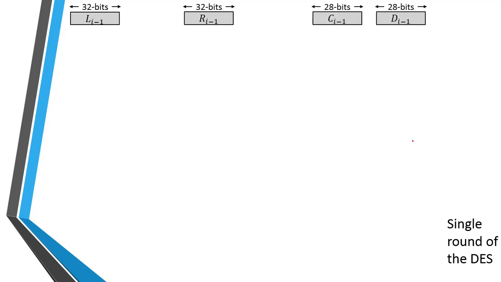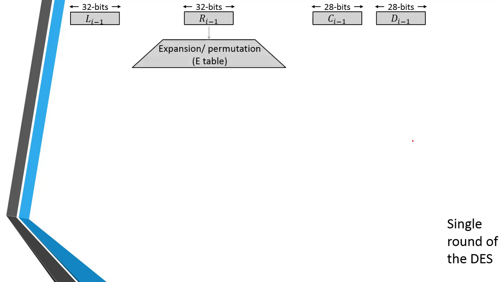So first of all, the output of the initial permutation, which is 64 bits, is divided into two parts, left part and right part: a 32-bit left part and a 32-bit right part. After that we have a key, which after applying permuted choice 1 is 56 bits.